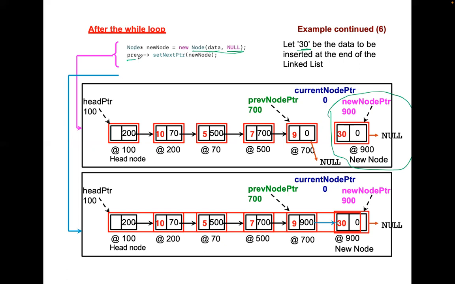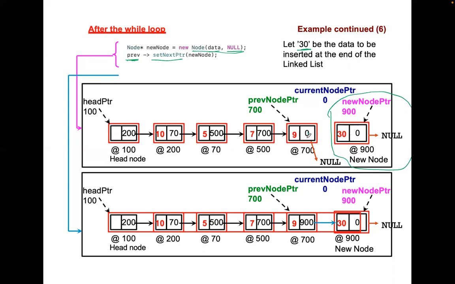With the previous node, now I will set the next pointer to the new node. Let's say this new node has address 900. Our previous node used to have the next pointer null. Now I'm going to set this pointer with the address of the new node.